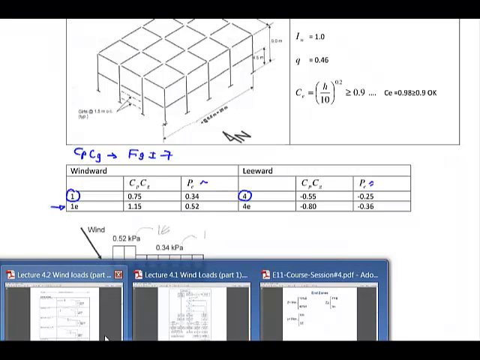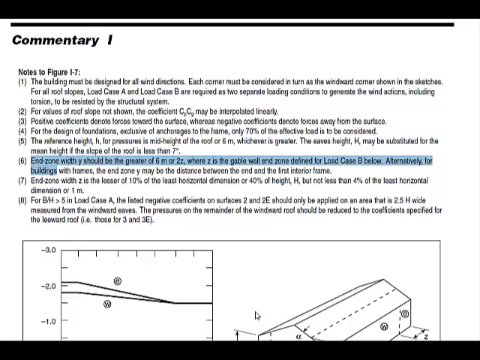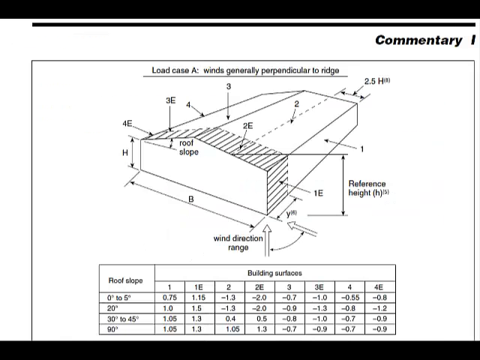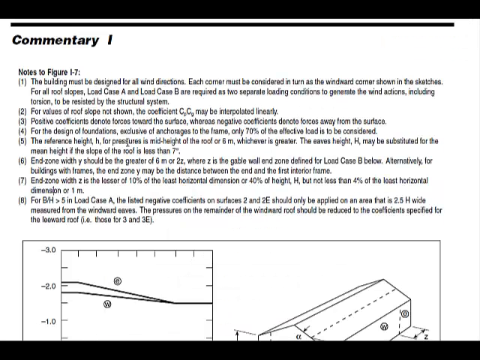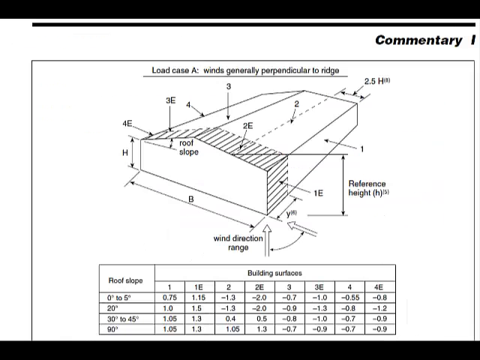If you look in the figure, you have these regions of additional load. So these regions here are called N regions. They're going to experience additional load.